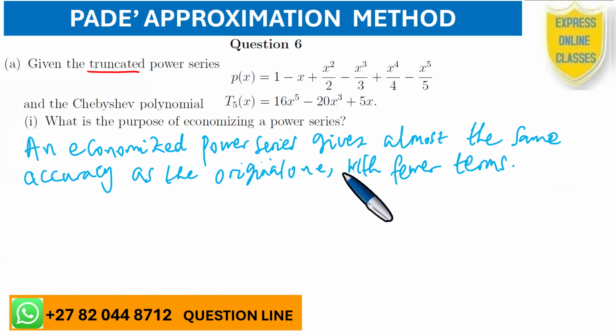An economized power series gives almost the same accuracy as the original one with fewer terms.